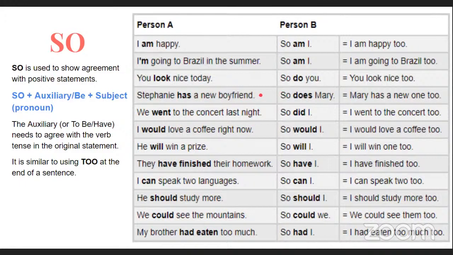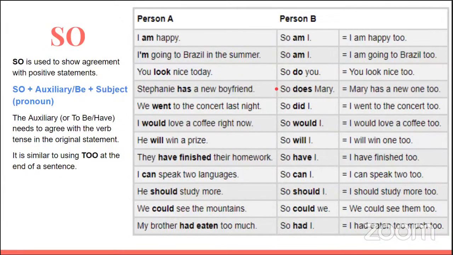The next one. Stephanie has a new boyfriend. So does Mary. Mary has a new one too. Correct. We went to a concert last night. So did I. I went to the concert too.